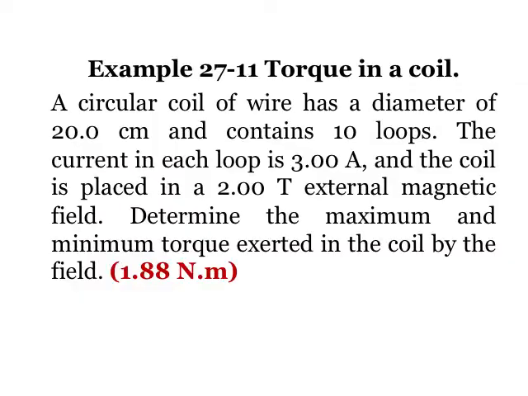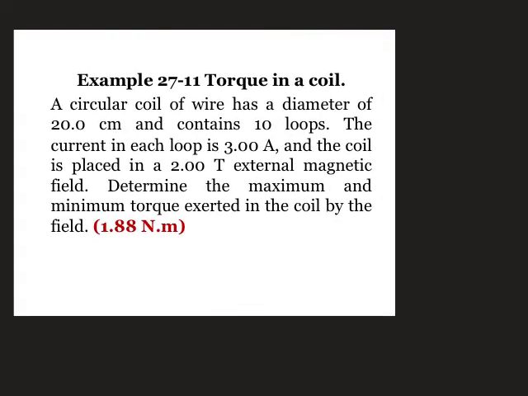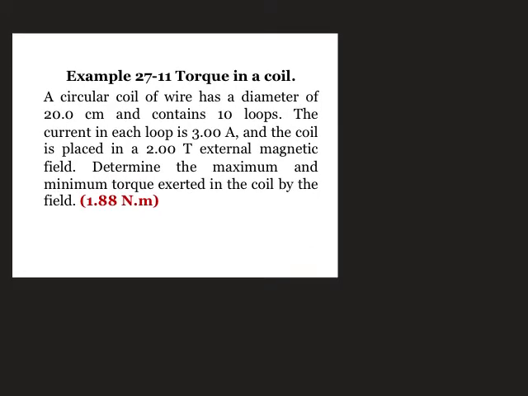Now we are going to test what we learned with this question. The question asks you to find the maximum and the minimum torque exerted on the coil by the field. For the minimum, in BIL sine theta, the theta should be 0 degrees, which means the direction of the current carrying wire is in the same direction as the magnetic field.